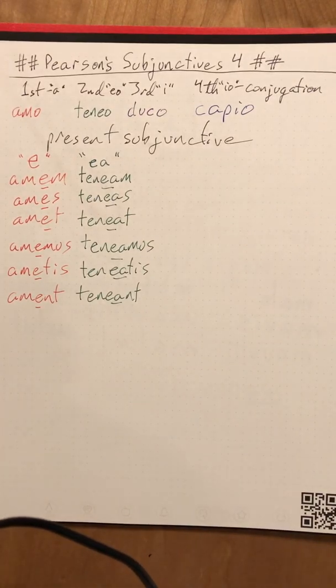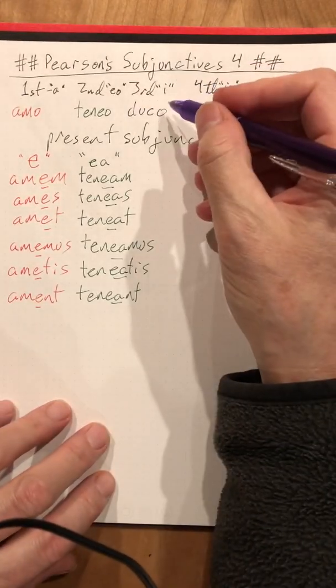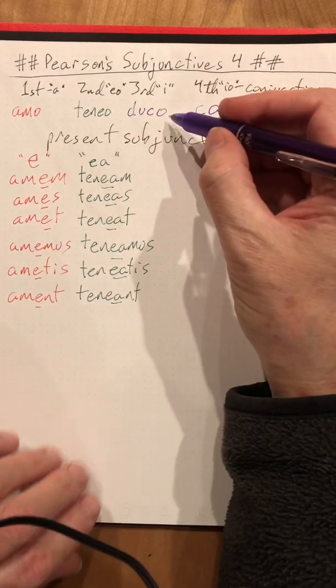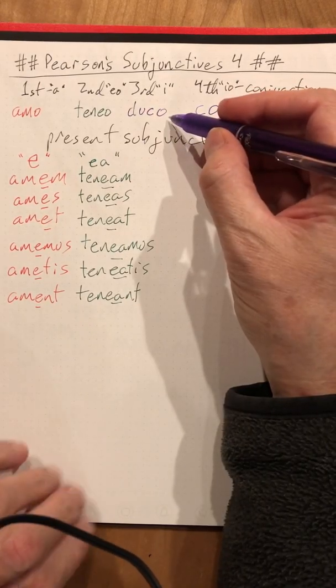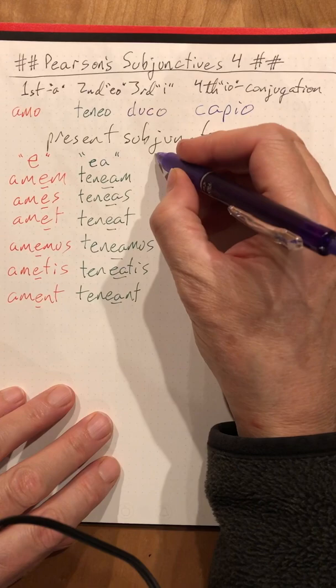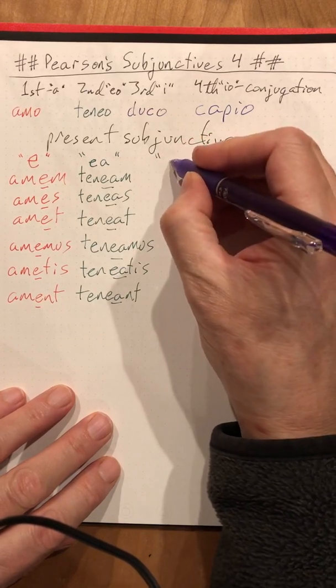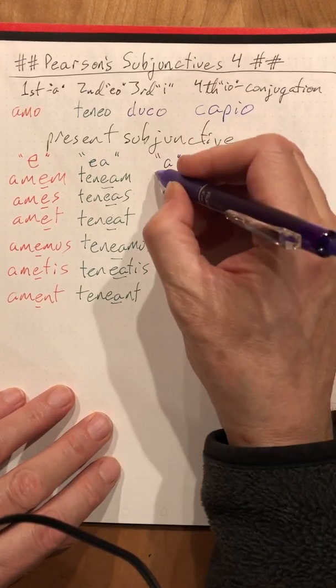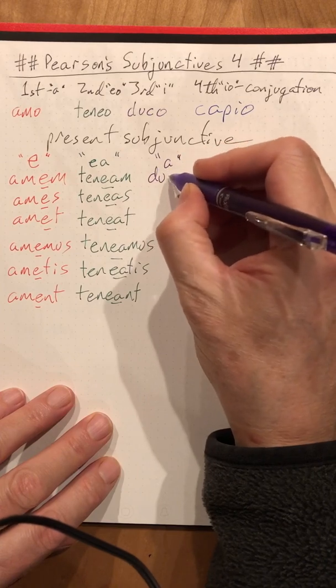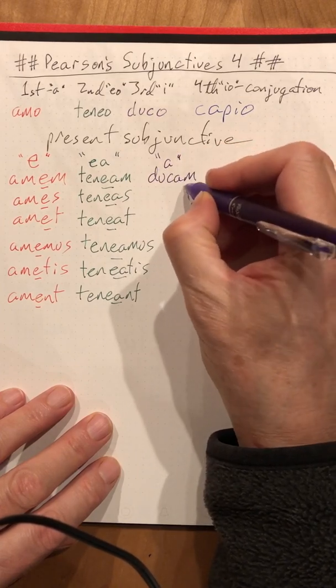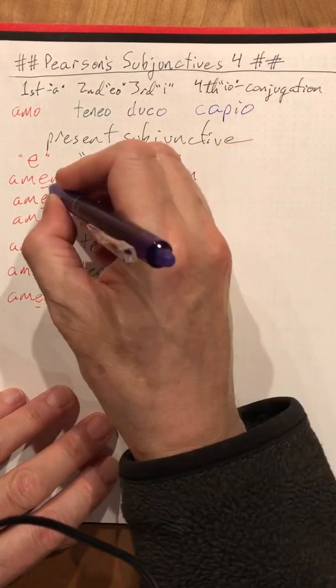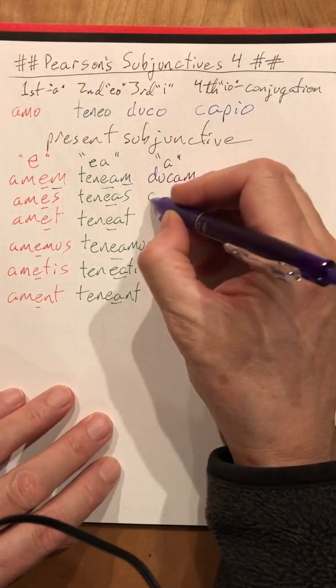Let's try duco. This is third conjugation. This used to be duco, ducis, ducit, ducimus, ducitis, ducunt. Now it's going to be A. Let's try it. Ducam, and again that weird M shows up. Ducas.